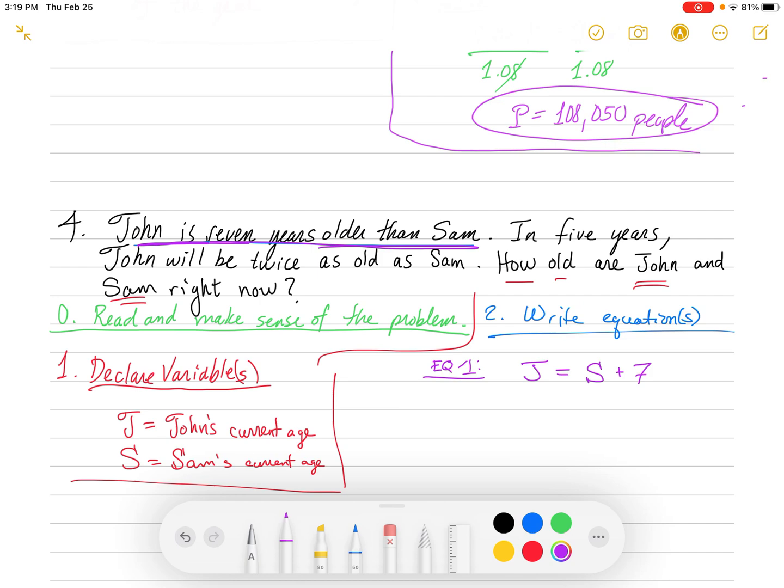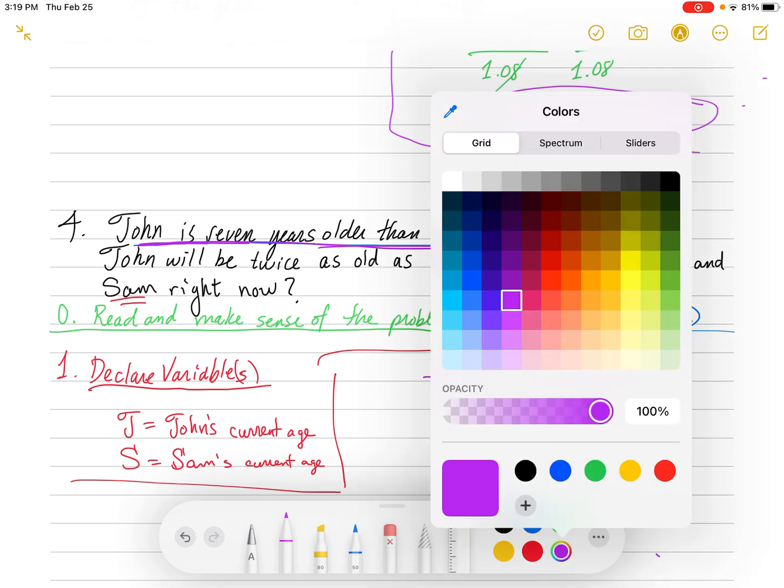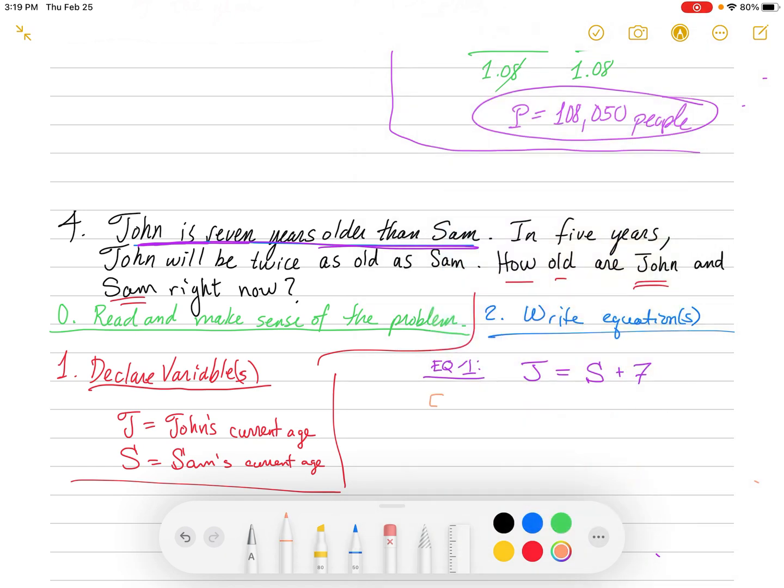So the next equation, we'll do that in orange. Orange will be my second equation. I get that from the second sentence. This is going to be a future, right? Future, 5 years.